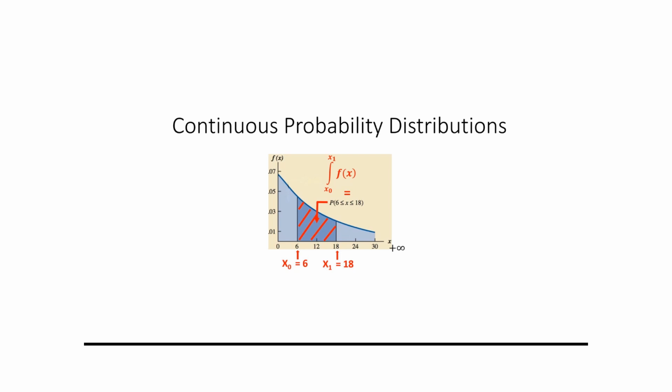Let's try to think why that is the case. Why is it the area under the probability distribution in an interval that gives us the probability?